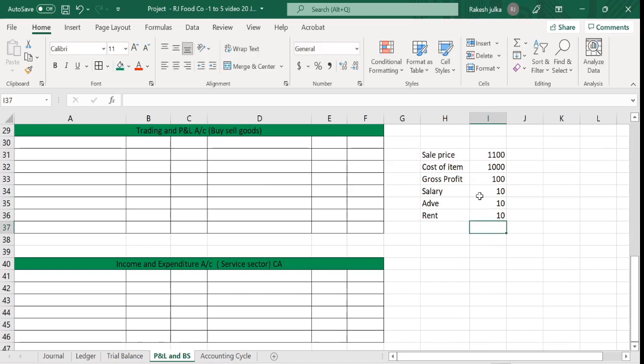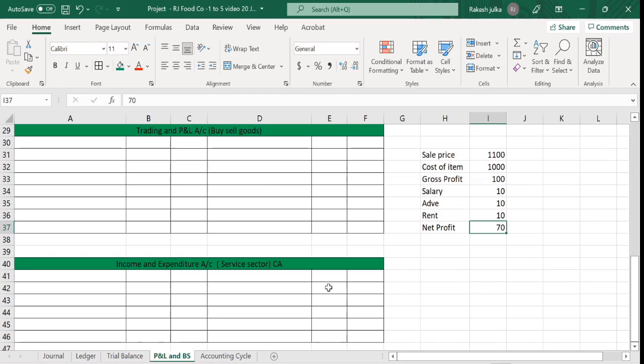Normally it doesn't happen like $10, but to make you understand, I have taken very simple figures. 10 plus 10 plus 10 is 30. If we talk about the net profit, it will be $70 because 100 minus 30 is equal to 70. So this is the net profit in this case.